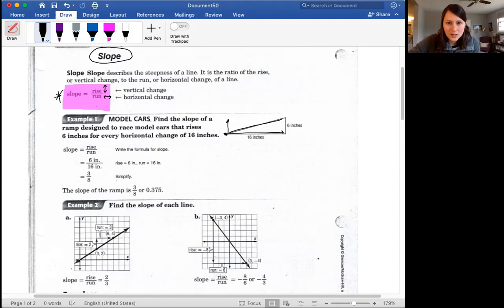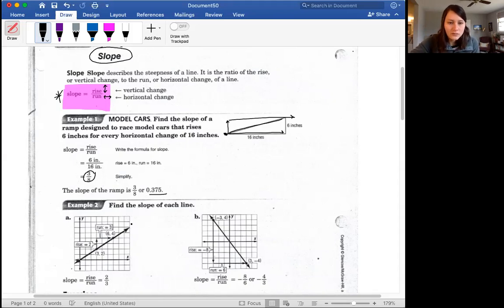So we're going to write this as 6 over 16. The rise is 6, the run is 16. Then we always want to simplify our slope. So the slope simplified is 3 over 8.